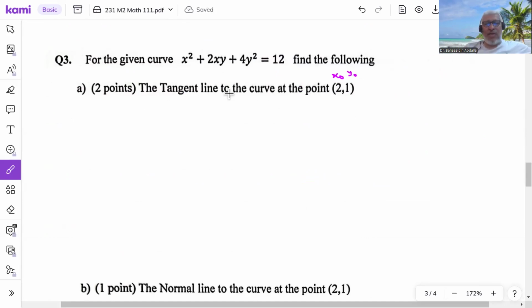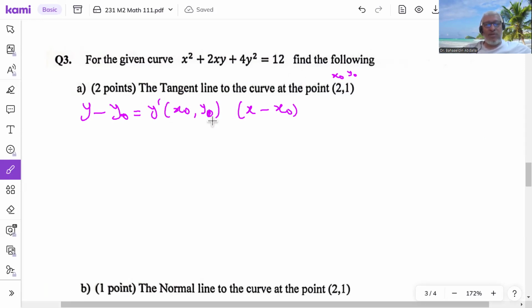The equation of the tangent line is y minus y0 equals y prime, or dy by dx at x0, or because this is implicit differentiation, it would be y prime at (x0, y0) times x minus x0. So I need to find y prime.